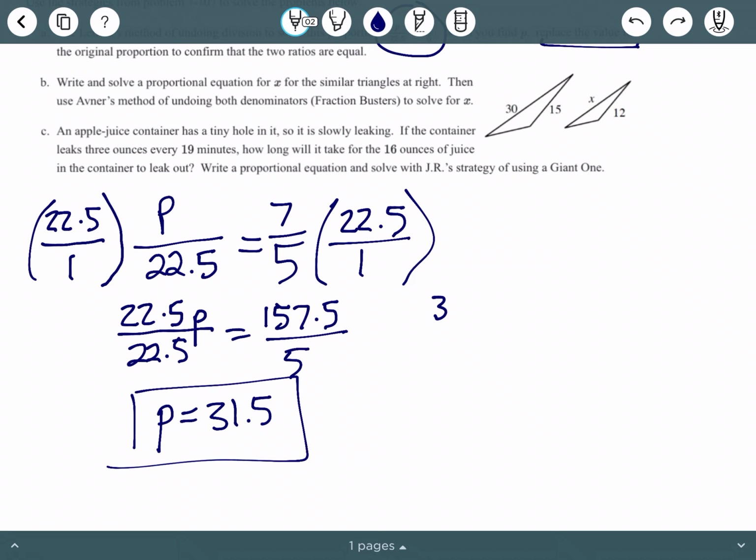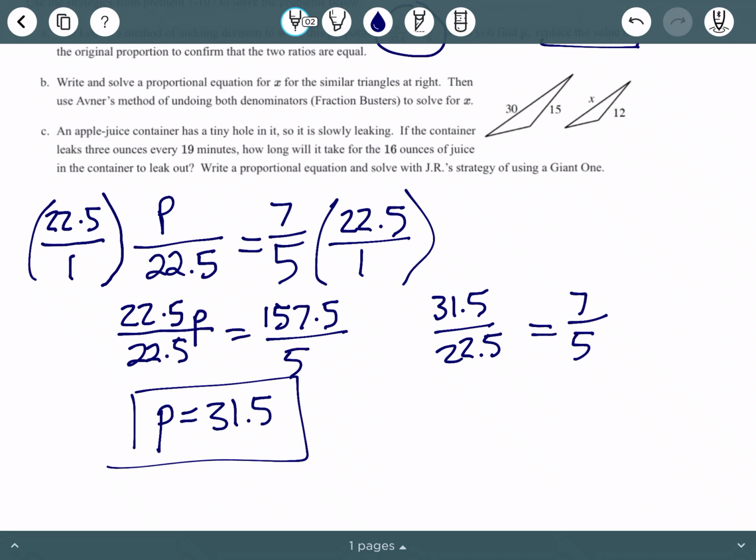So we have 31.5 over 22.5, and is it equal to 7 over 5? Well, remember that fraction bar means the same as division, so let's go ahead and do 31.5 divided by 22.5.